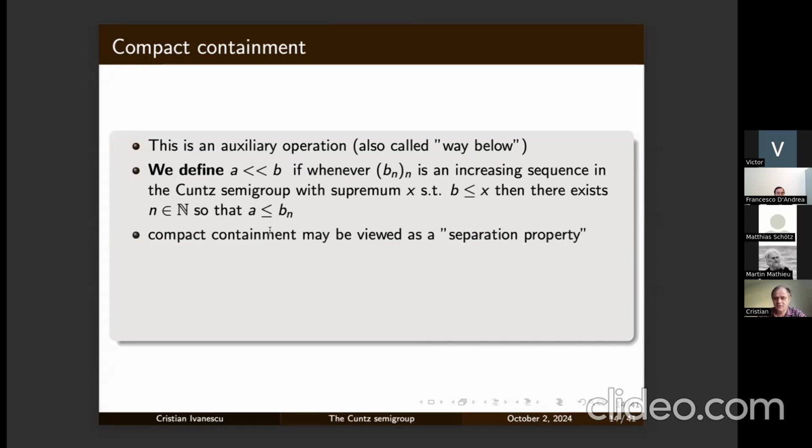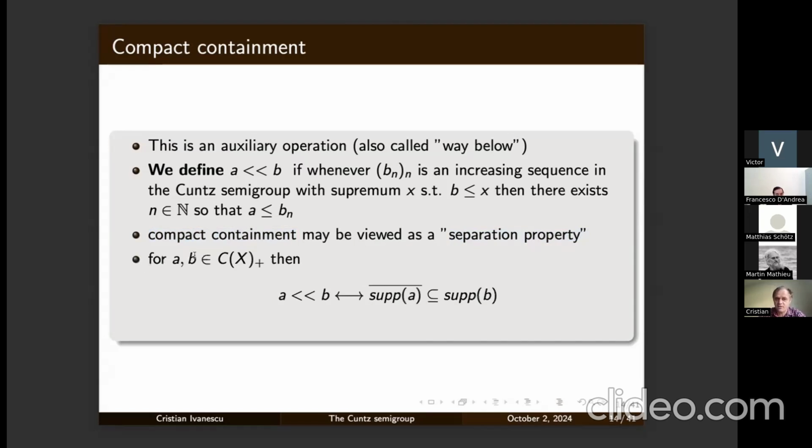As you probably expect, I'm going to use the commutative case. First of all, this compact containment, which is an operation that appears on the Cuntz semigroup but not in the algebra, can be viewed as a separation property. To understand why, I'm going to look at the commutative case.